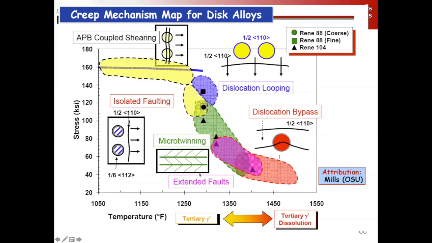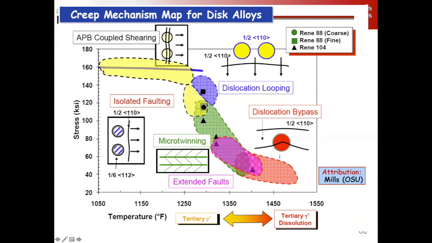This is a slightly outdated picture. It's from a famous image that Professor Mills put together that shows the stress versus temperature dependence of all the different creep mechanisms that are common in high gamma prime fraction superalloys, primarily blade alloys.